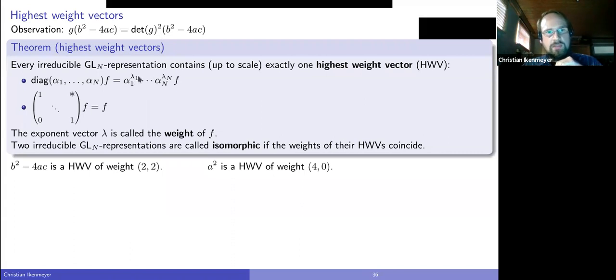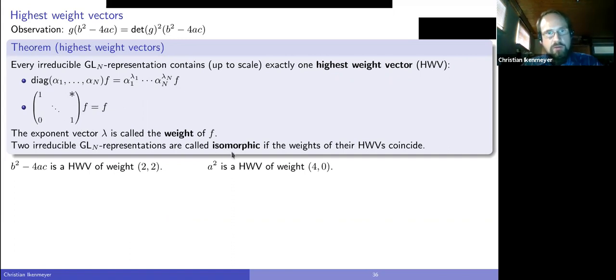So here lambda 1 is equal to lambda 2 is equal to 2. That would be what happens to the discriminant. And also you want it to be invariant under the action of upper triangular matrices with ones on the main diagonal. And these vectors are called highest weight vectors, and every irreducible contains exactly one of them up to scale. So instead of the irreducibles, you can also study the highest weight vectors.